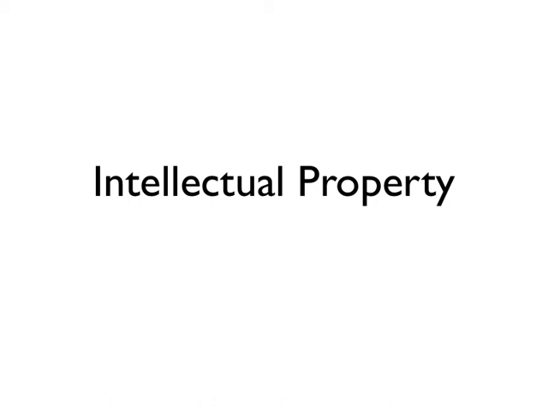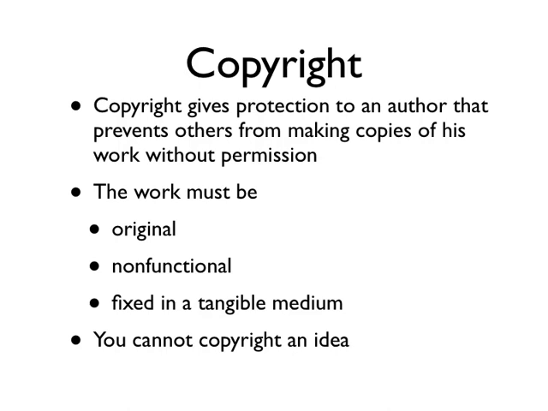So in this class and the next few classes, we're going to think about intellectual property, sometimes called IP. And we're going to look at different kinds. But the first kind we're going to look at, and the kind we're most familiar with, that we deal with from day to day, is copyright.